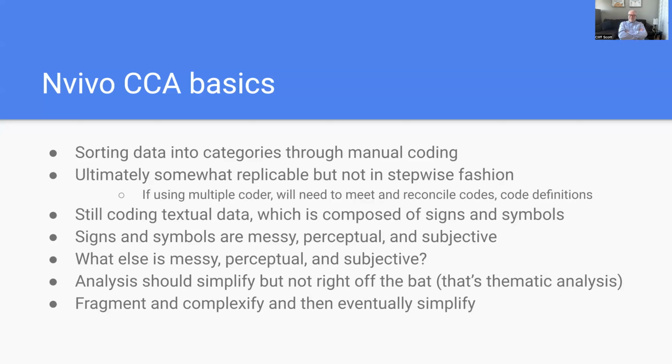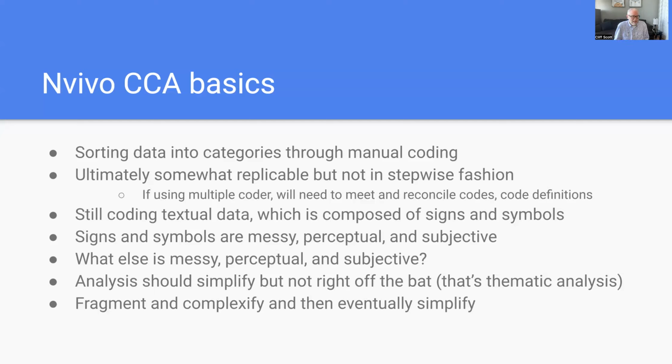These are symbols, and symbols are messy. They are perceptual. They are subjective. One thing that we know about symbols is they never perfectly represent the phenomena that we're trying to represent when we communicate and attempt to use symbols and signs to express ourselves.